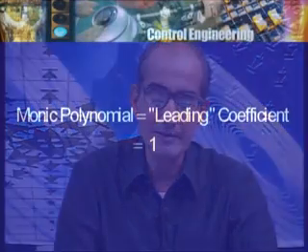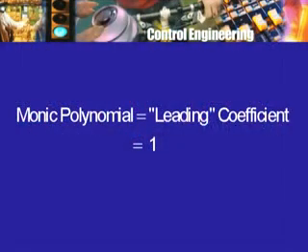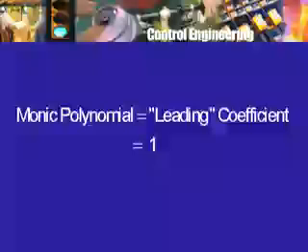The coefficient of the highest power is called the leading coefficient, and so I can always change the polynomial into a polynomial whose leading coefficient is equal to 1, and therefore I don't even write it. I don't write 1 into s cube, I simply write s cube.